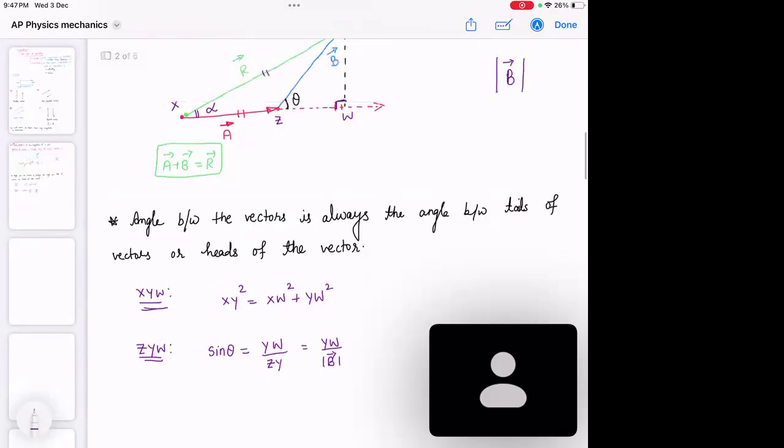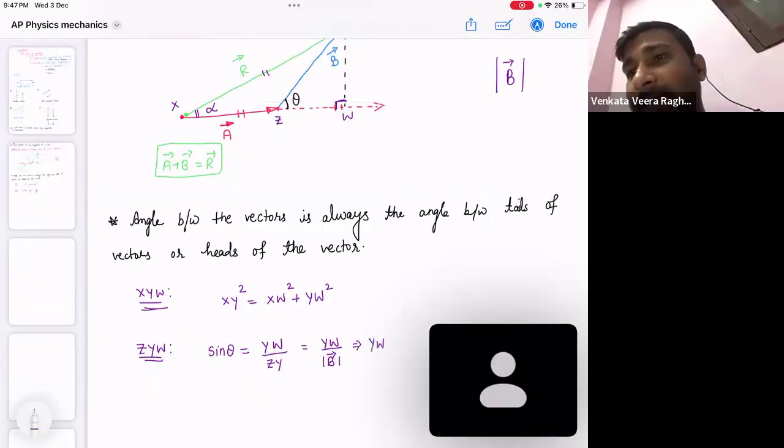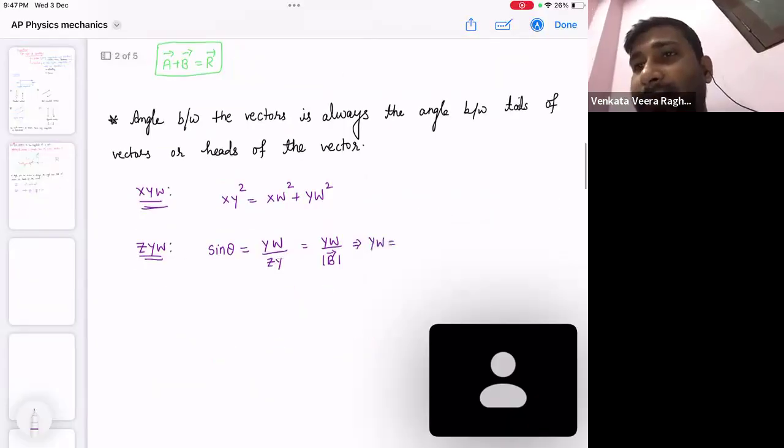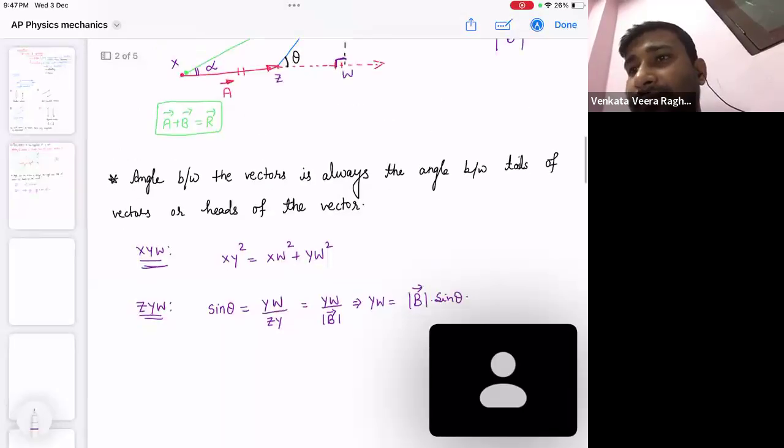So if I simplify this, YW is nothing but the magnitude of B sine theta. Please check it. So now I got the YW.